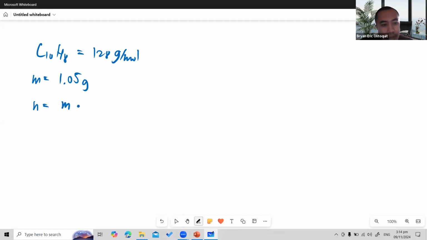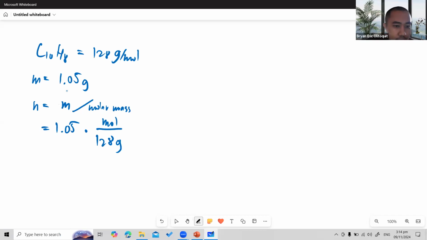Mass divided by the molar mass, which is equivalent to 1.05 multiplied by mole per 128 grams. So we have moles: 1.05 divided by 128.